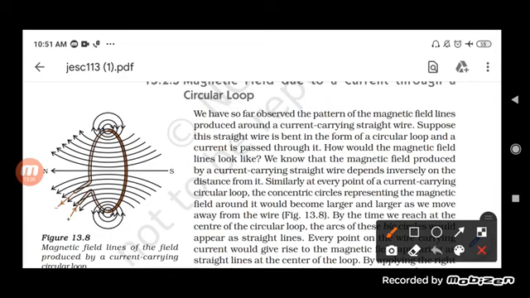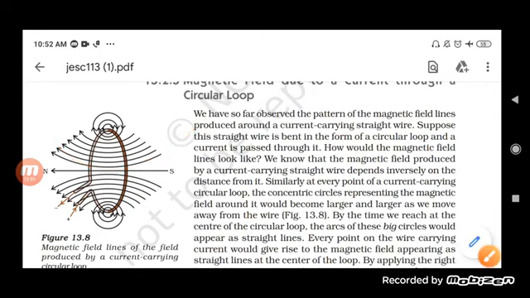So you can see the concentric circles tell us about the magnetic field, and as it moves away from the coil, the arc of the circular loop becomes larger and larger.